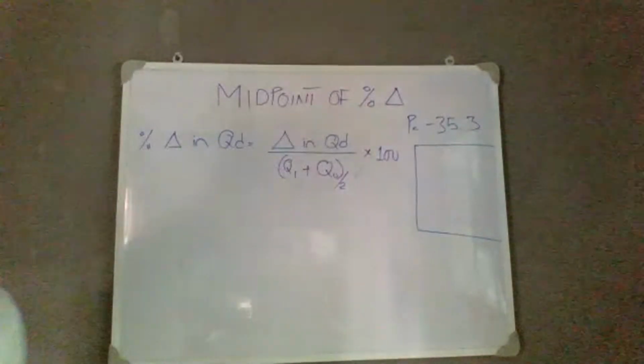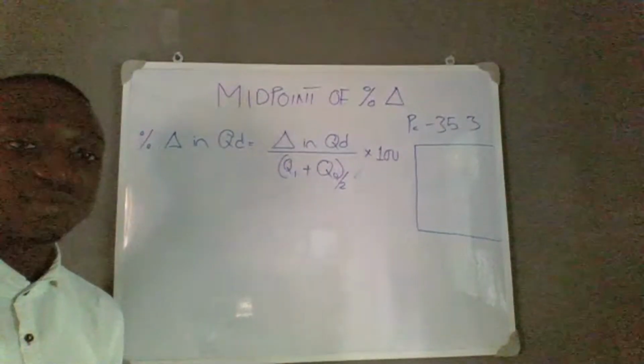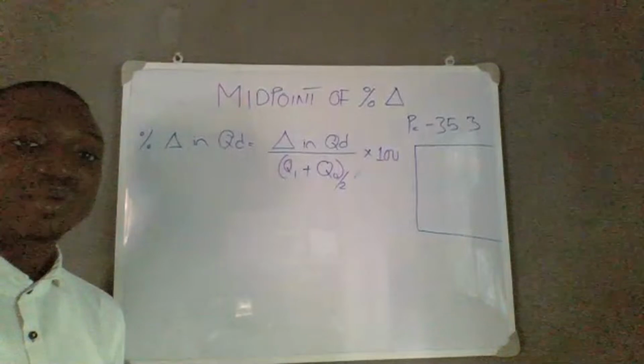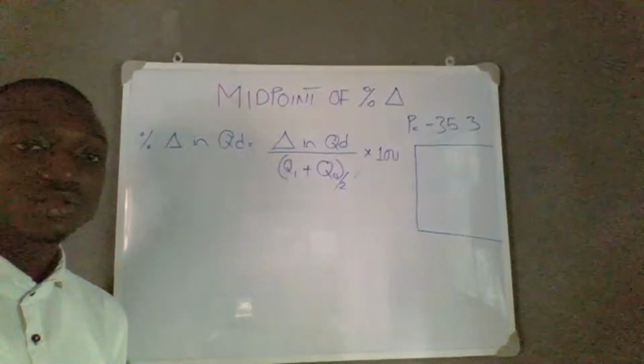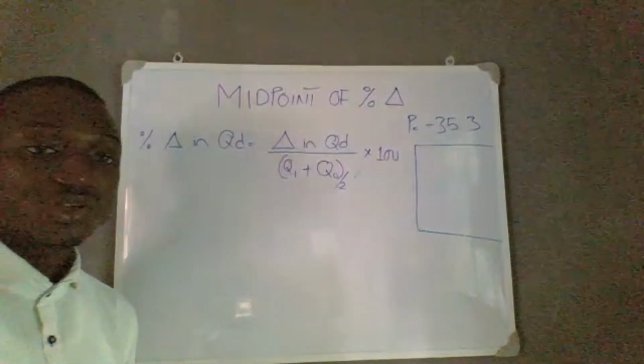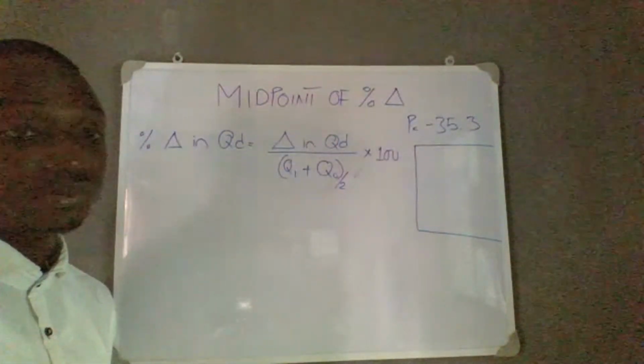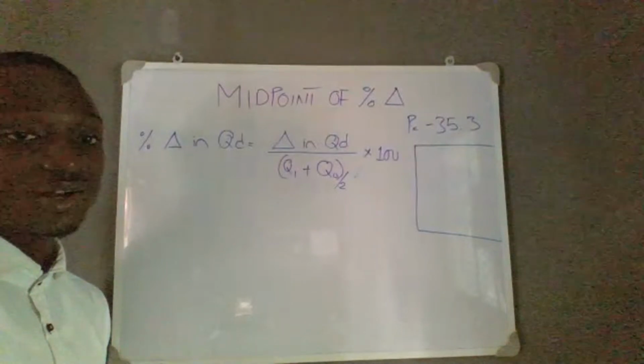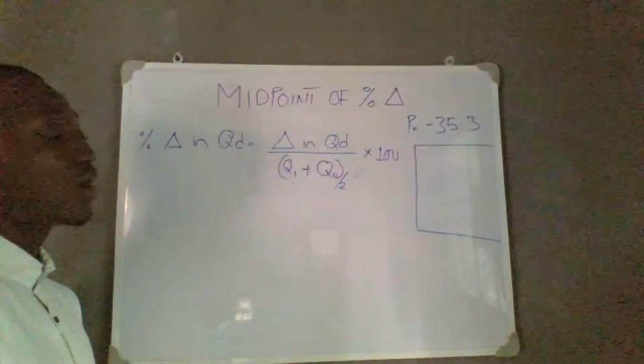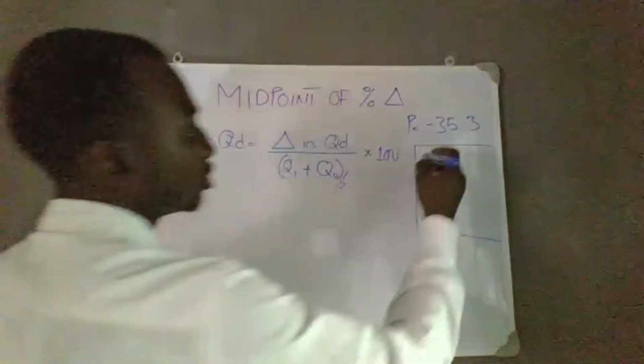The question we are using for quantity demanded is still the previous question, where we have 12 minus 6. So we have our Q1 as 12, and our Q0 as 6.